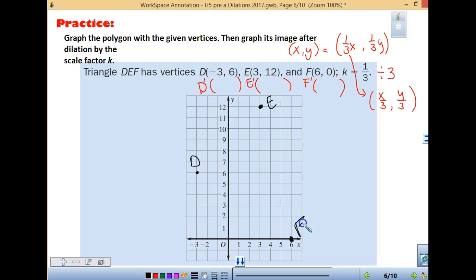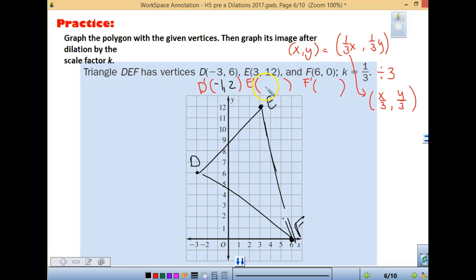Okay. This is a pretty big triangle, the original DEF. So it should be making it much smaller. New points. Ellen, are you ready? D prime? Oh, (-1, 2).